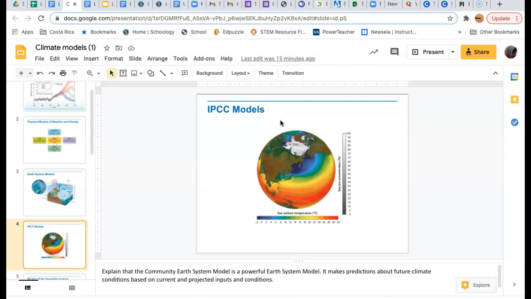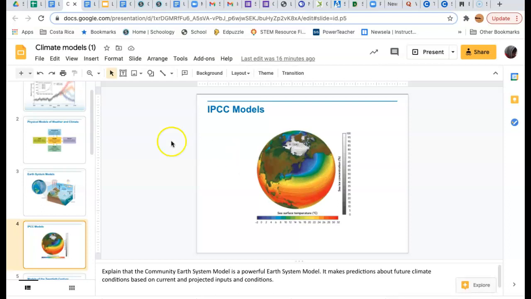Anyway, they have reports that they release every couple of years or so about predictions that they can make. So the IPCC model is the most powerful model that we have, and it's pretty much used to make projected outcomes in the future.